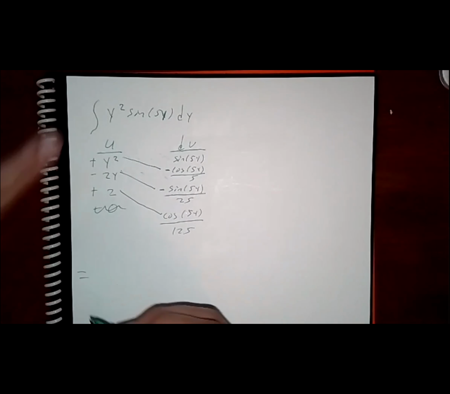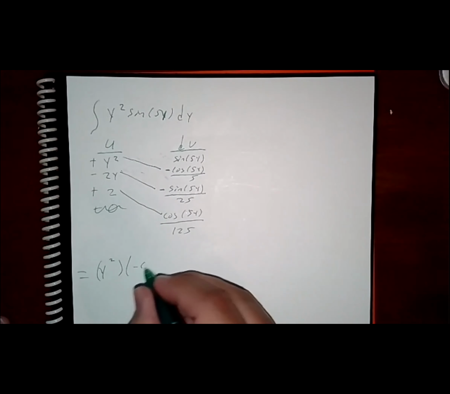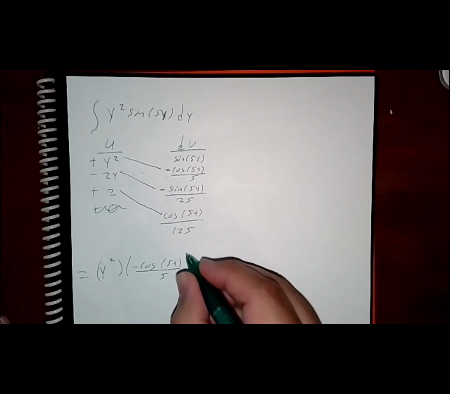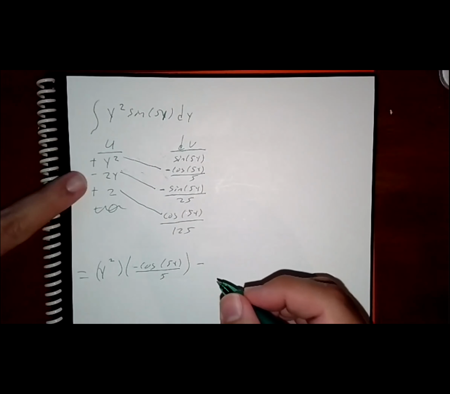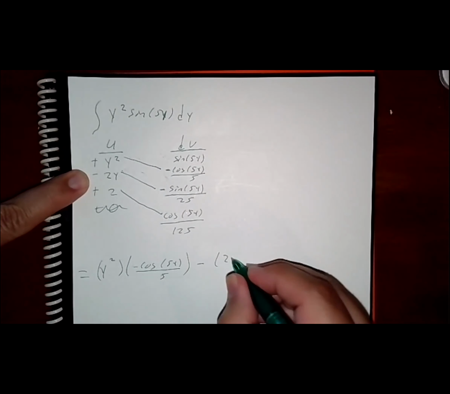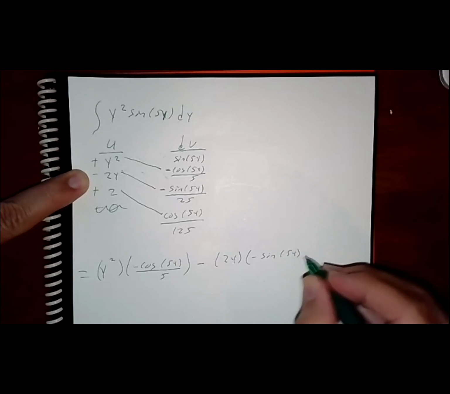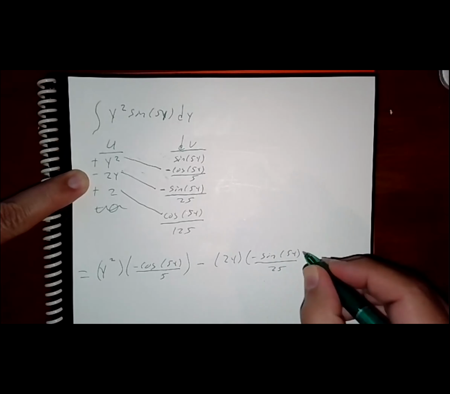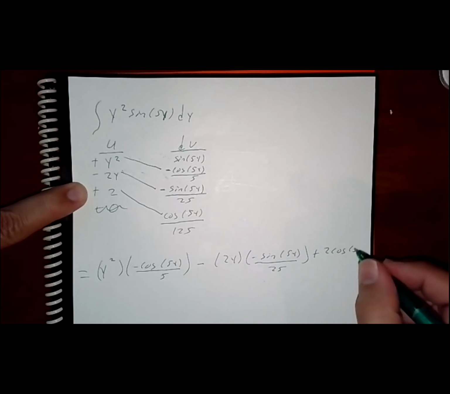So the answer to this integral is going to be y squared times the negative cosine of 5y over 5, minus, that's the minus built in from here, 2y times negative sine of 5y over 25, then plus 2 cosine of 5y over 125.